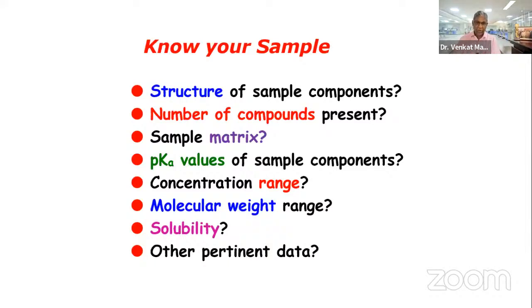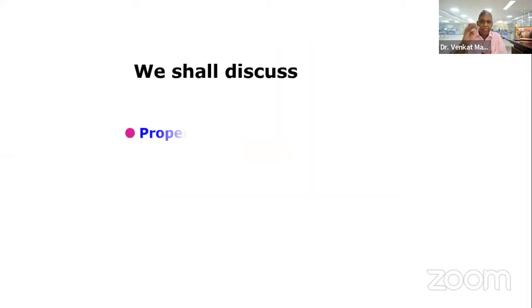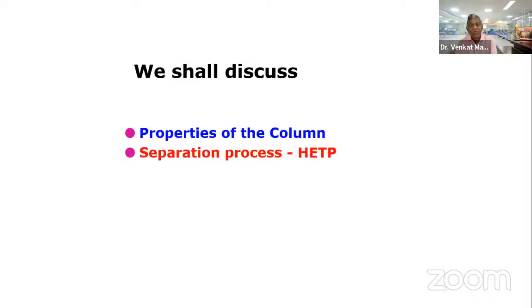For that, I should know something about the column. Therefore, we shall discuss what the properties of a column are. We also discuss how a separation occurs. Most important information about the characteristic of a column is called HETP, height equivalent to a theoretical plate.